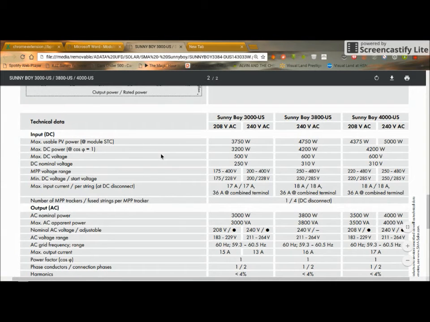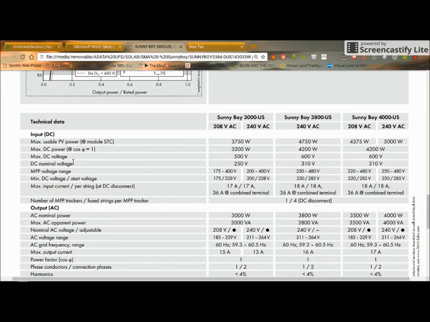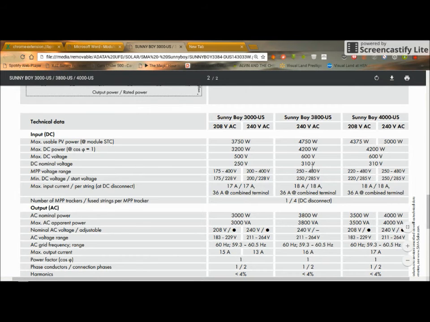Now, what's the spec that the manufacturer says? The maximum DC voltage, that is the voltage that comes from the modules or the solar panels to the inverter, should not exceed 600 volts. And the minimum DC voltage, nominal voltage, is 310.